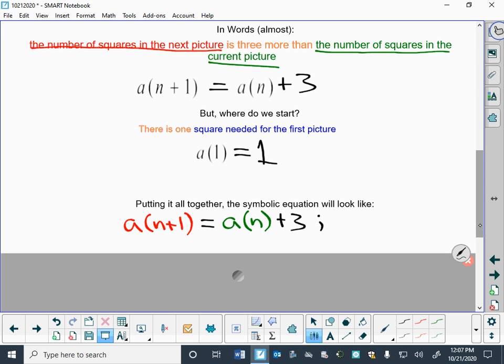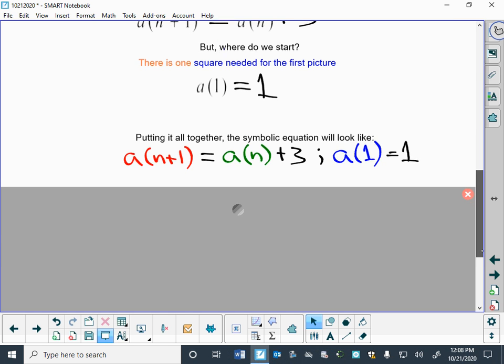And then I put a semicolon at the end of that, and I say, and the number of squares in the first picture is 1. Okay? So that gives me my starting point. I can look at that and say, okay, the first picture has 1 square, and then this tells me that if I want to know how many are in the next one, then take how many I have right now, which is 1, and add 3. 1 plus 3 will give me 4 that are in my next picture.